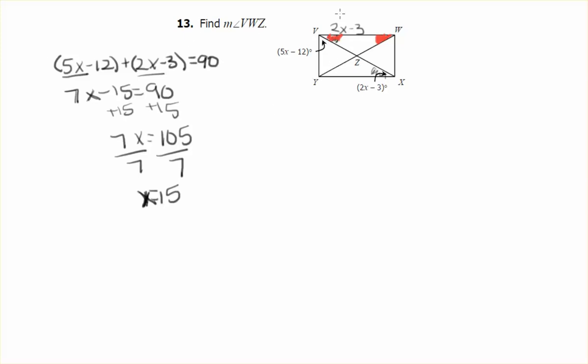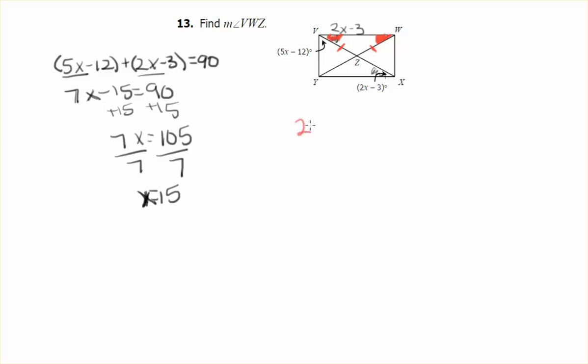And then remember that since these sections of our diagonals are the same, this is an isosceles triangle, so our base angles should be the same. So if I figure out what the one part of V is, so WVZ is, I can find what the angle is they're asking us for.